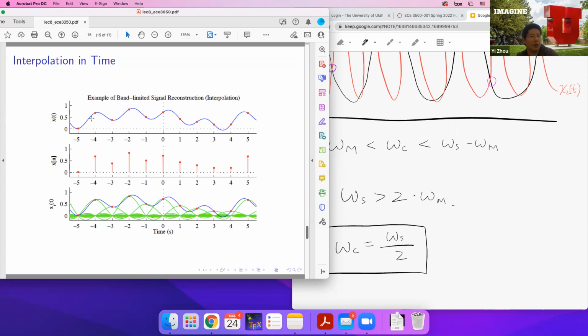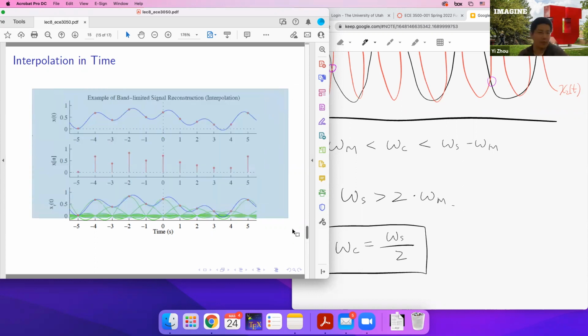And you can take 2 samples per second, which will definitely satisfy the Nyquist rate. Then you will have more discrete samples here. And again, at each discrete sample, you generate such a sinc type signal, and their summation will give you the same underlying true signal.